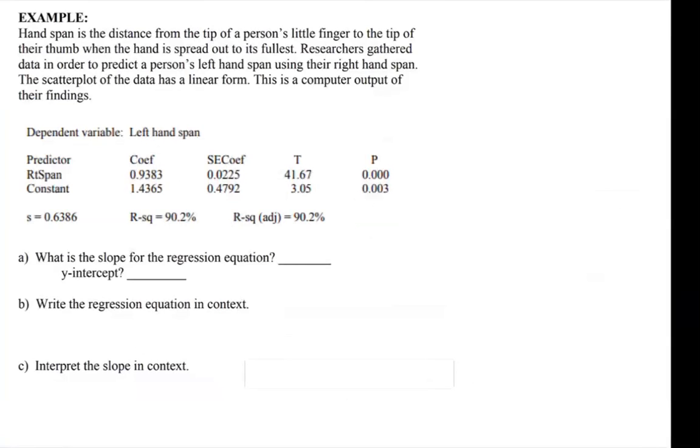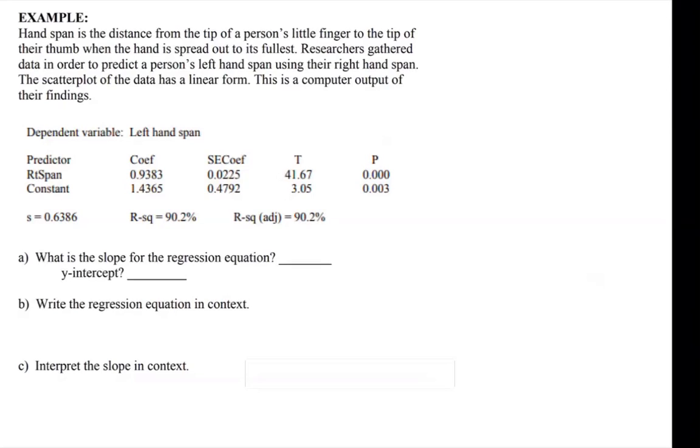So hand span. Hand span is the distance from the tip of a person's little finger to the tip of their thumb. If you spread it as wide as you can, measuring from the tip of the thumb to the tip of the pinky, that's your hand span. Researchers gathered data in order to predict a person's left hand span using their right hand span.